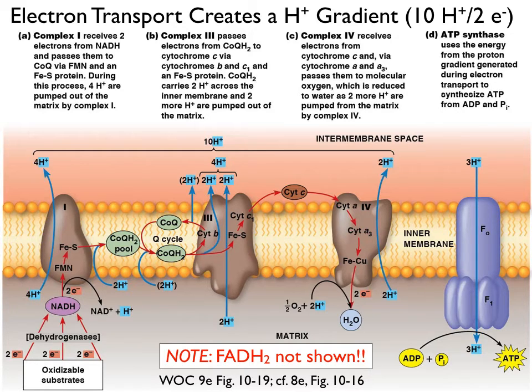Electrons are moved through electron carriers within complex 4, and ultimately those electrons are transferred to oxygen, generating water at the bottom of the figure. Here again, some protons are released into the intermembranous space. So you can see that moving electrons through this system releases 10 hydrogen atoms into the intermembranous space.